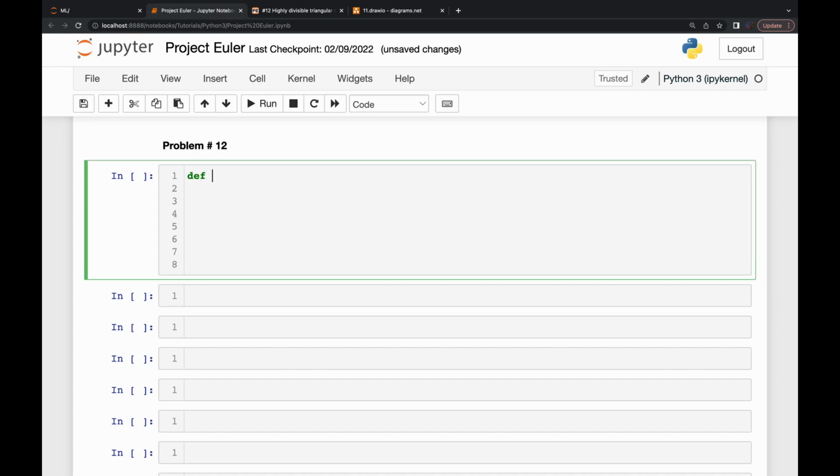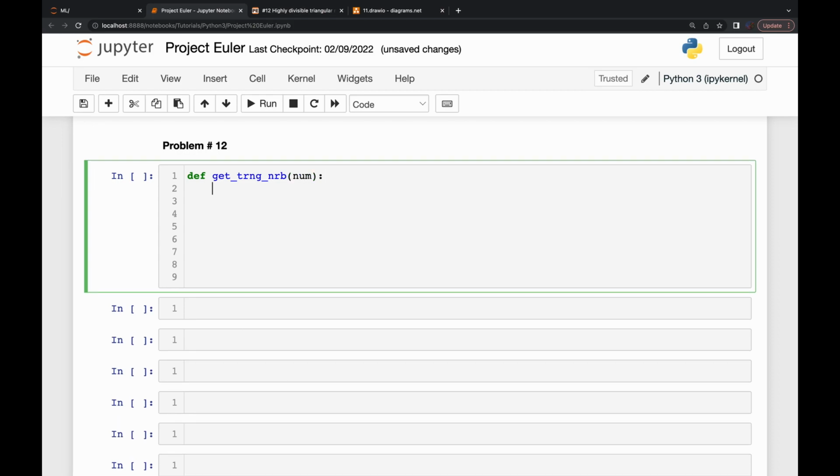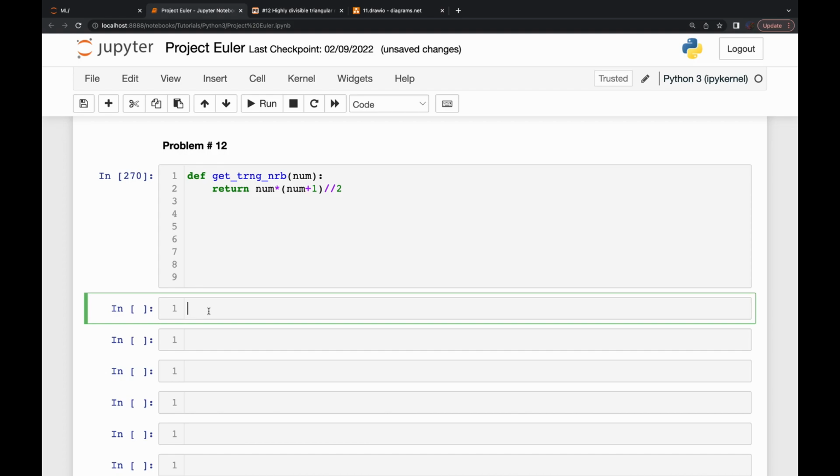Define get_triangle_number, take the number and return number multiplied by number plus 1 divided by 2. Yeah, that should be our triangle number definition.